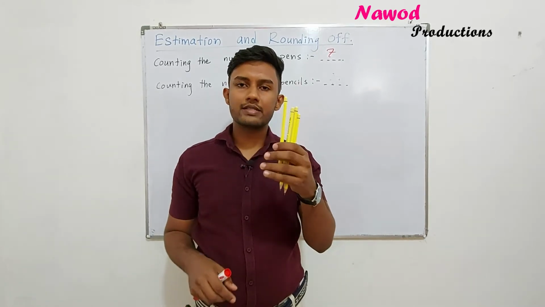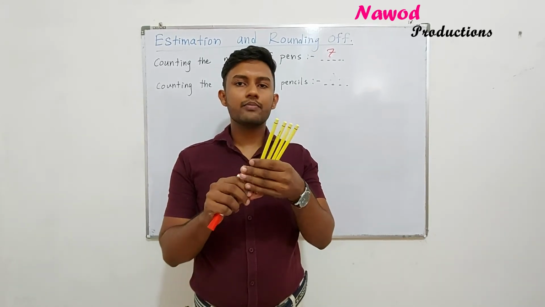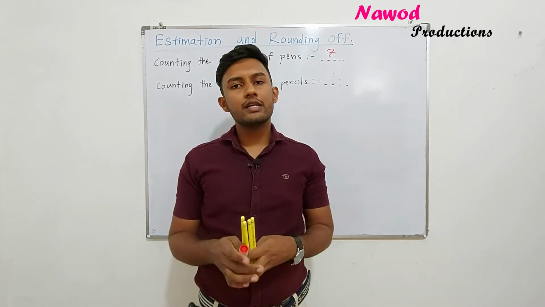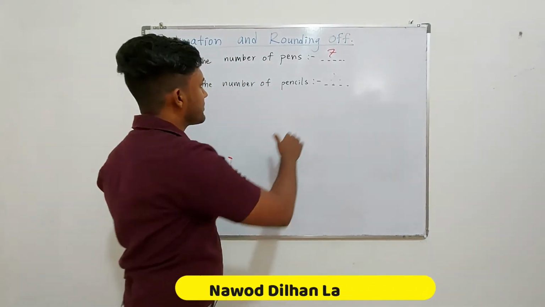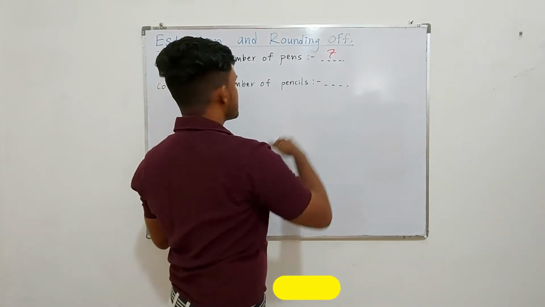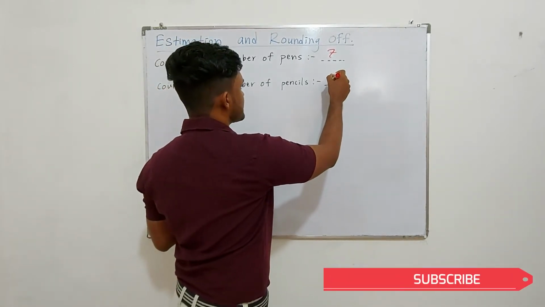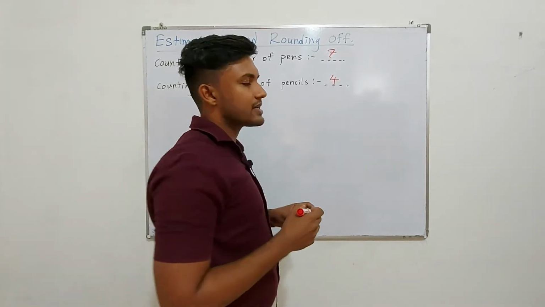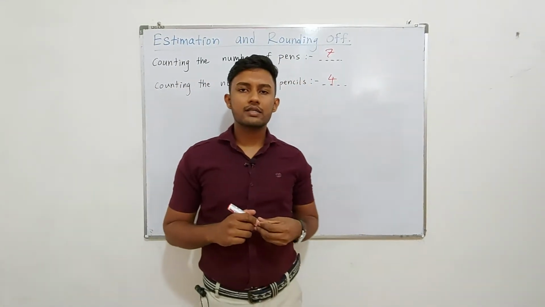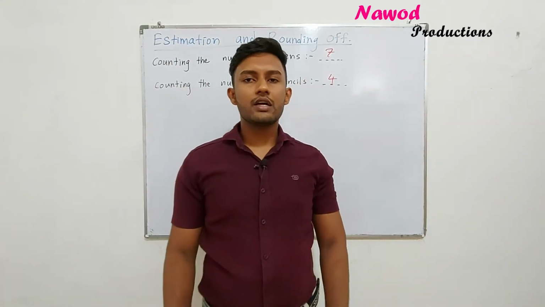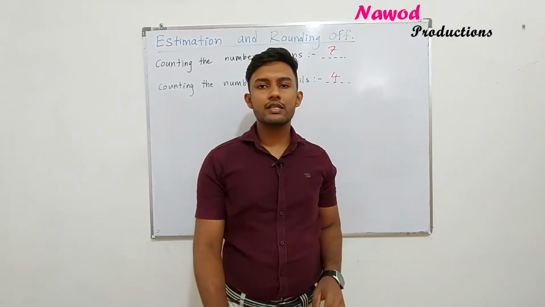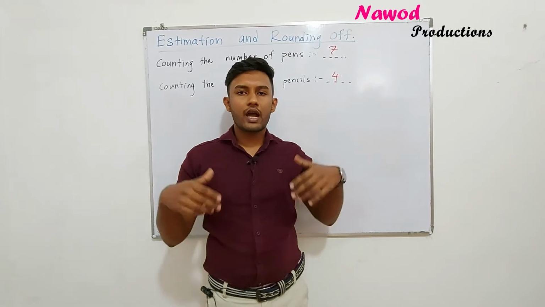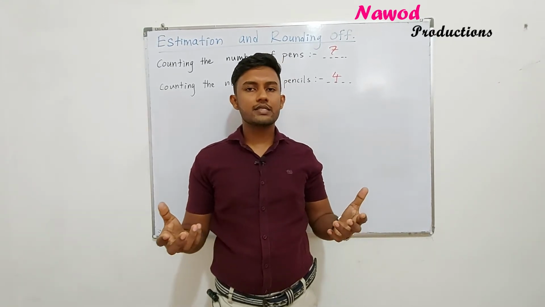There are 4 yellow color pencils I have. Dear students, if we can count the number of things, we don't want to do the estimation. There were 4 pencils as the answer we can obtain. If we can count the things, easily we can get the answer. If we cannot count, we have to do the estimation.